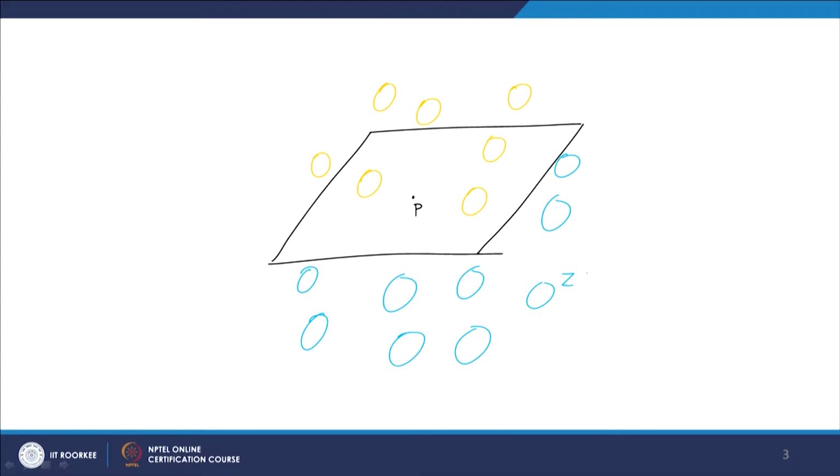They will have Z less than h, and they will have Z higher than h, where h is the height of the plane from the bottom of the control volume.